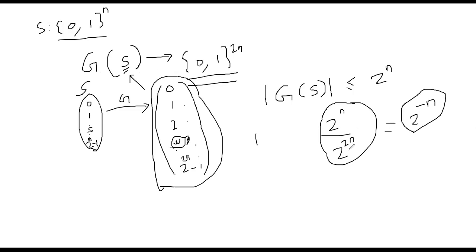Okay, so what about the design of the distinguisher? Let's move on to the next part now. Suppose we would like to design a distinguisher, right? And remember, for the generator to be considered a pseudo-random generator, any distinguisher you design must satisfy this property.